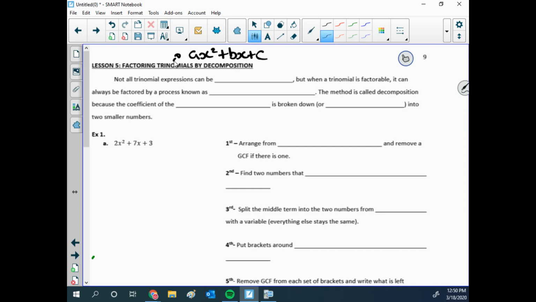So not all trinomial expressions can be factored. But when a trinomial can be factored, or it's what we call factorable, it can always be factored by a process known as decomposition. And the method is called decomposition because the coefficient of the linear term, and so the linear term, I should say, is this right here.